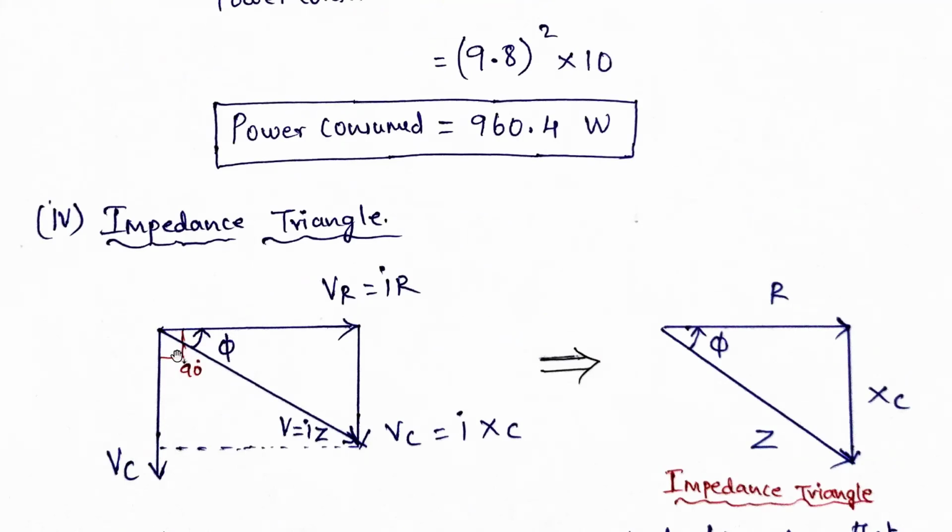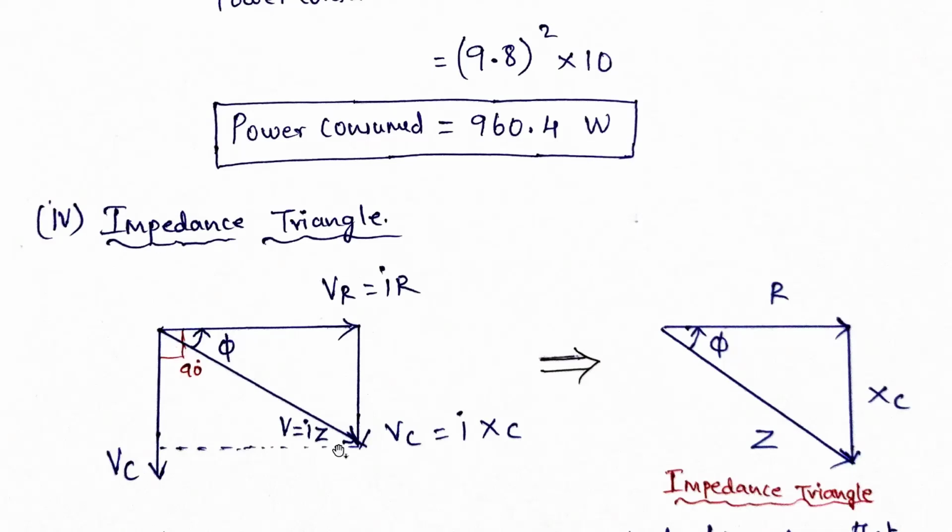So in the right angle triangle, this VC we can draw over here. The same VC we can draw over here. So what we are doing is we are drawing over here, this point.